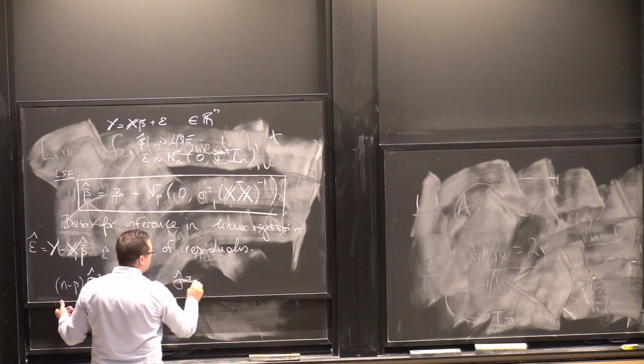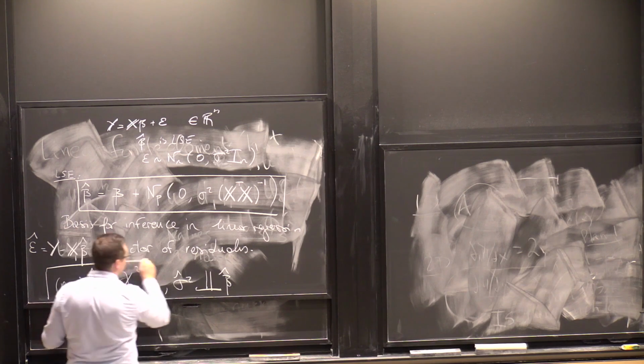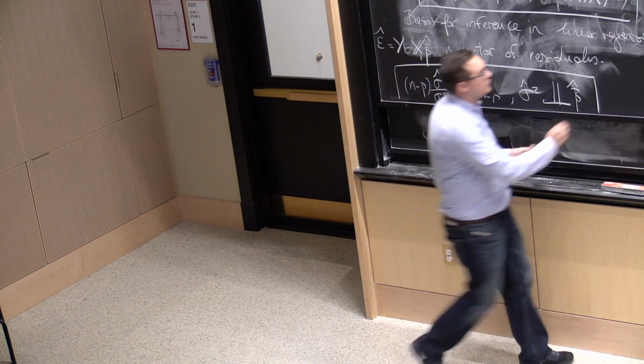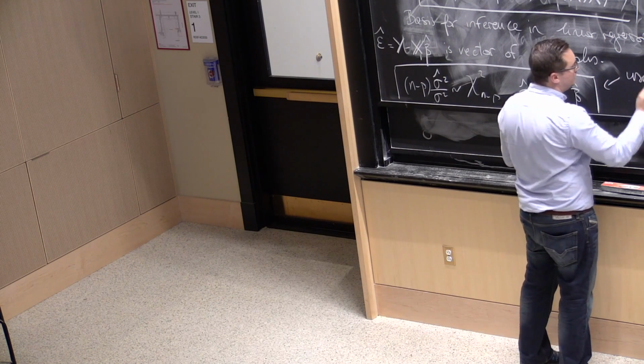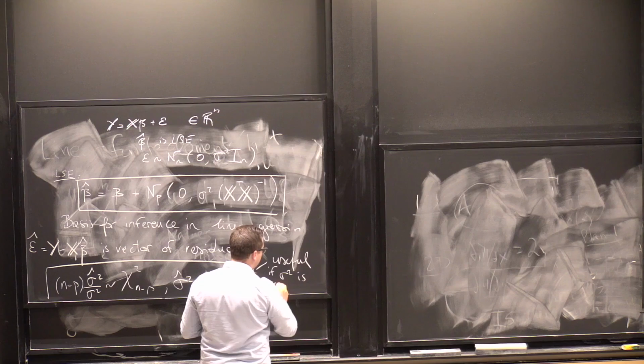And sigma hat squared is independent of beta hat. That's going to be something we need. That's useful if sigma squared is unknown.